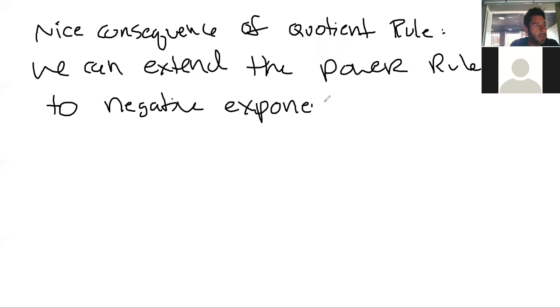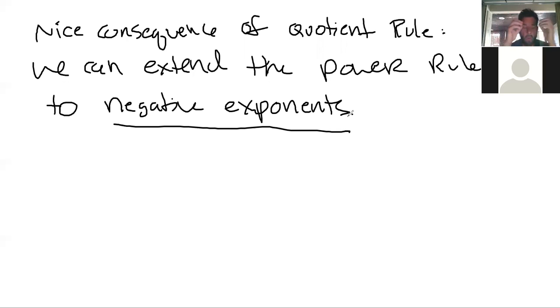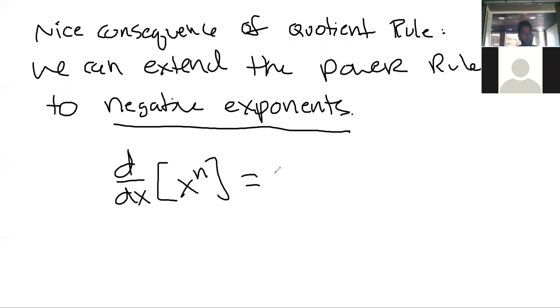So what do I mean by extend it to negative exponents? Well, so far the power rule was this nice thing. Here's the power rule. So we said you multiply by the exponent, and then you subtract 1 from the power. That's the power rule. But this was only true for n equal 1, 2, 3, 4, 5, 6, whatever, a positive integer.